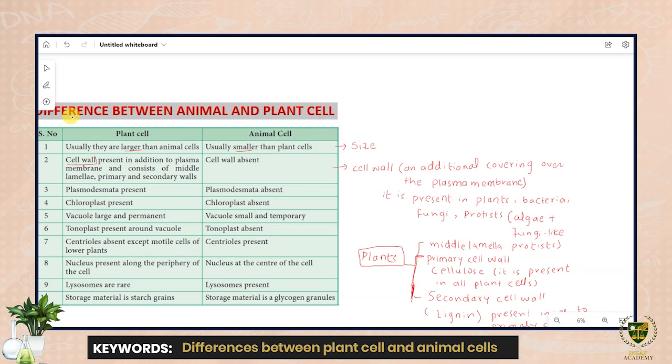Now the plasmodesmata are present, while in animal cells the plasmodesmata are absent. So what are plasmodesmata?